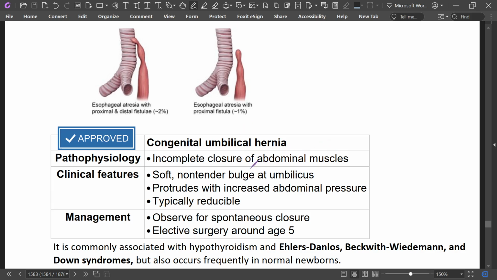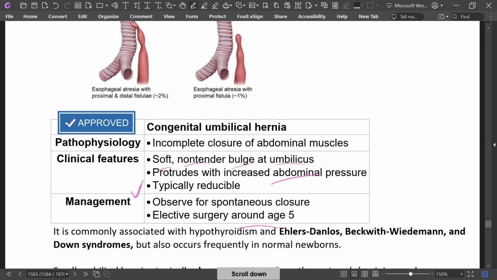There is a soft, non-tender bulge at the umbilicus that protrudes with increased intra-abdominal pressure. It is typically reducible. You have to observe for spontaneous closure and elective surgery around age 5.